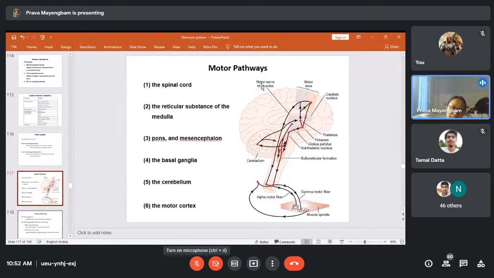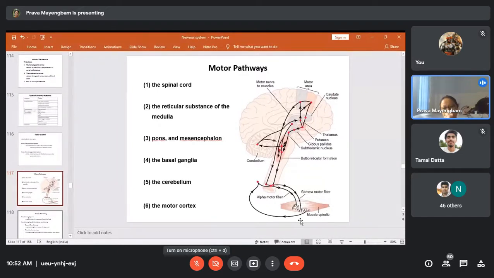So the motor cortex coordinates what they will perform in response to the signal received from this area. That means the motor pathways go from the spinal cord, the reticular substance of the medulla, the pons and the mesencephalon, the basal ganglia, the cerebellum and the motor cortex.